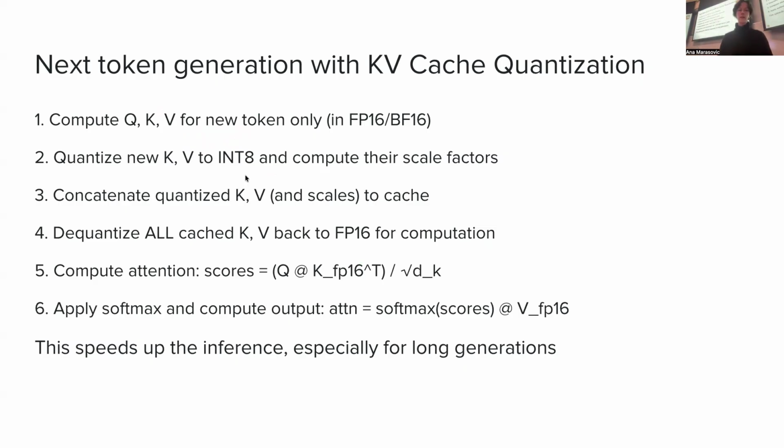So everything is quantized. And now you move on: all right, I saved everything into the cache, but now I want to actually compute attention scores and values for this vector. So you are going to dequantize all cached keys and values for computation. You are going to get your attention scores.